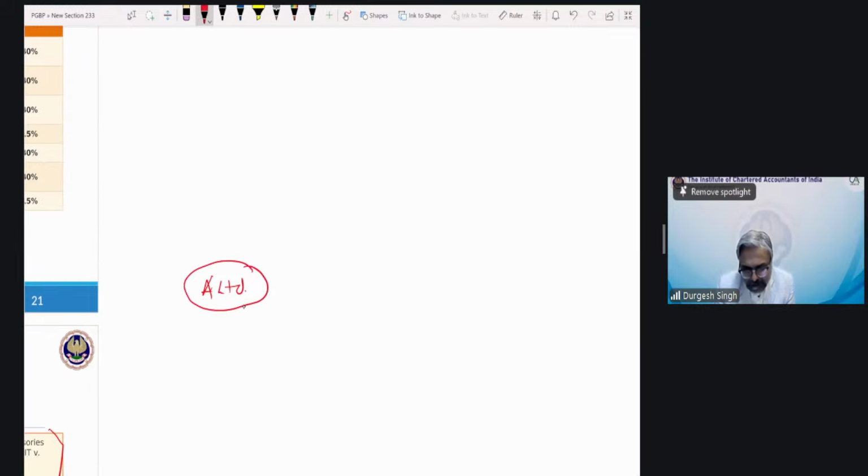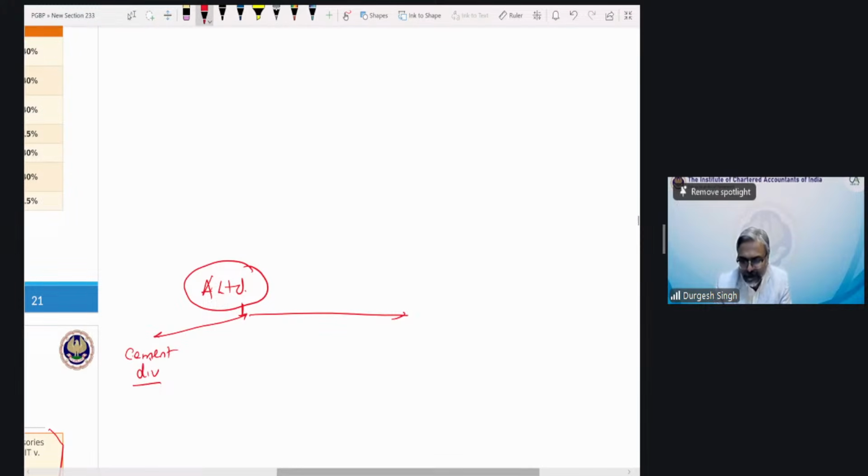Say, for example, students, A Limited has got two businesses. One is a cement division, and another, students, is a steel division. So there are two divisions. Exactly.